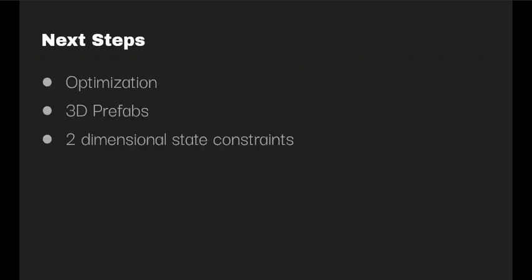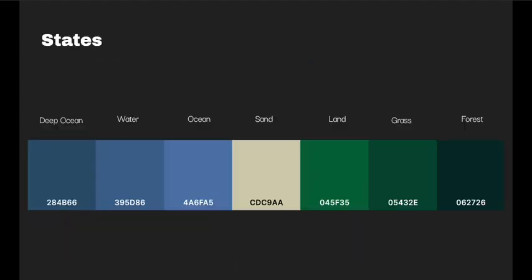Lastly, I'd like to implement 2-dimensional state constraints. Like I said earlier, this is only one-dimensional. It can only have two neighbors at any given time, whereas a two-dimensional would probably have four neighbors, as it can be, neighbors top, bottom, left, and right. And then maybe if I can complete that, three-dimensional would be interesting.